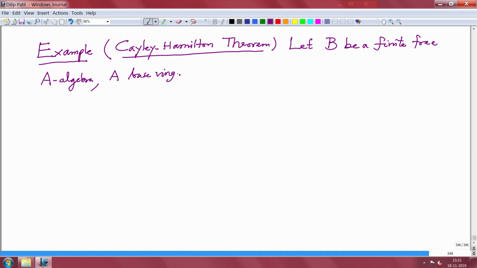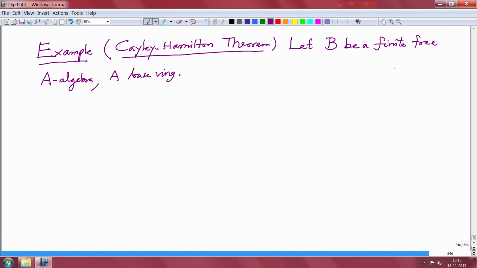I will not write that. Alright, so what does that mean? Finite means it is finite as a module over A, and free means free as a module over A. Normally when we add adjectives for an algebra, they refer to it as a module. If you say finite type, then it is finitely generated as an algebra. So these I have been saying throughout the course. Sometimes repetition is also useful.